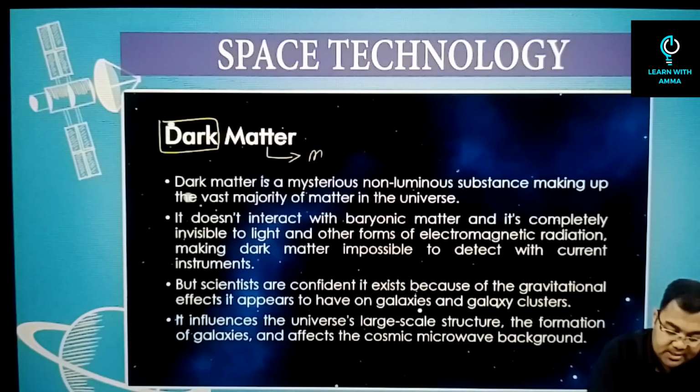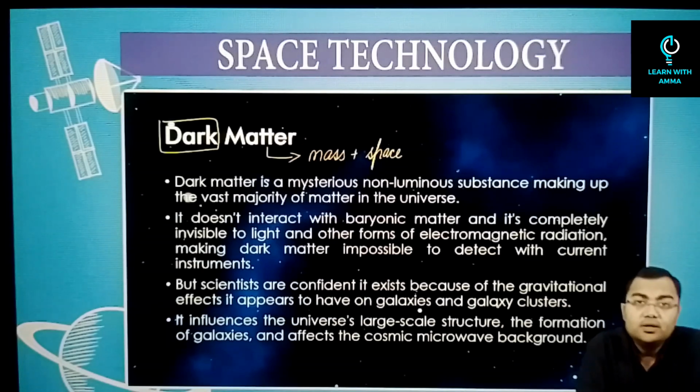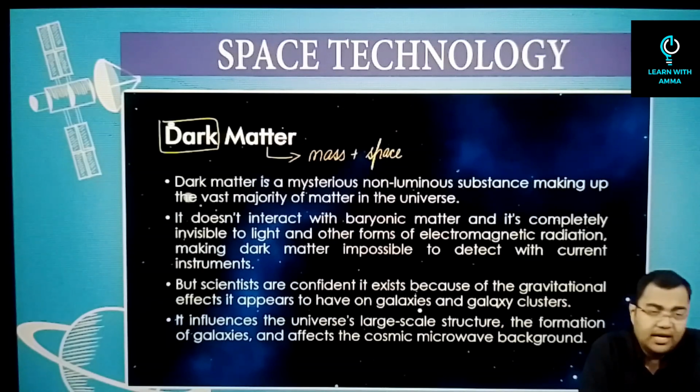So most of the matter we can see because it has mass and the light is reflected, or absorbed in some cases, so you are able to observe it. But dark matter does not show any of these signs. Dark matter does not interact with this kind of light.